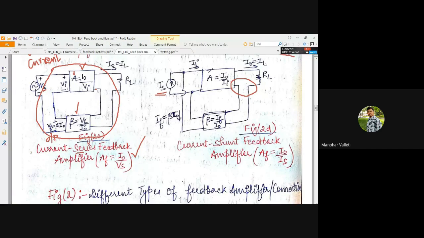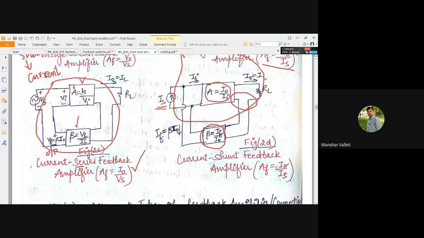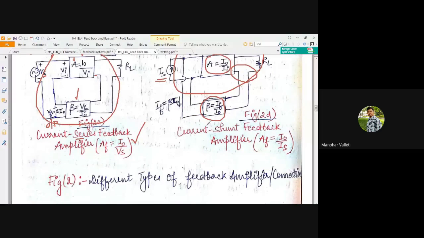So now the definition of A equal to output is I naught and input is II. So A equal to I naught by II. Beta equal to the output of the beta network is IF and input will be I naught. So beta equal to IF by I naught and AF equal to I naught by IS. So these are the different types of feedbacks.